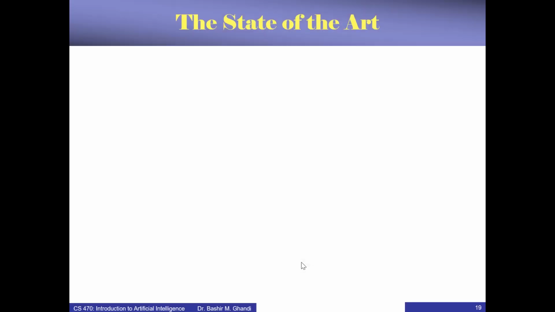The last topic we will look at is the state of the art. In this section, we will just go through some of the important milestones that AI has achieved to make it a really important field in today's information technology world.